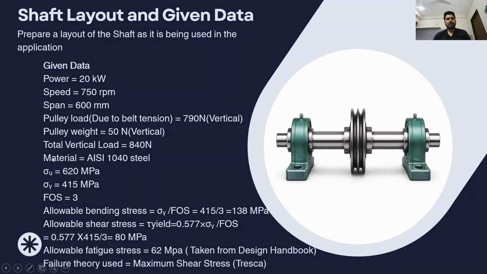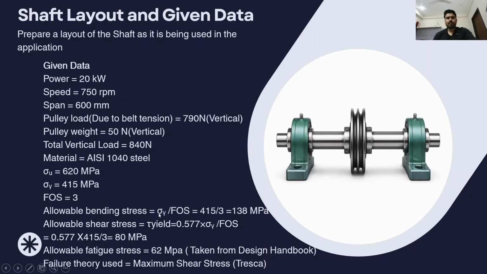Material properties are yield strength 450 MPa and ultimate strength 620 MPa, and factor of safety I have taken 3, which I have taken from the regular practice in design course.